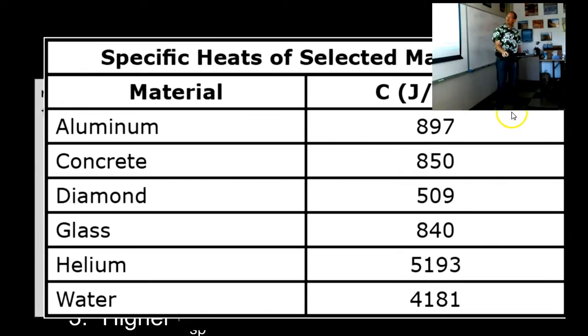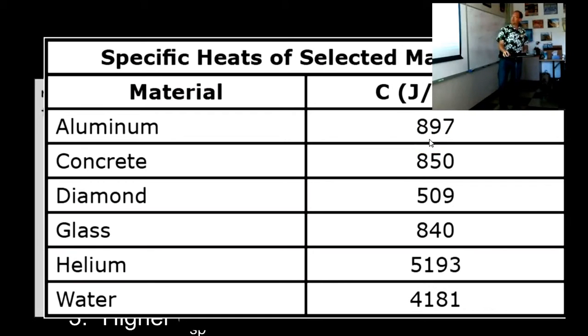And then just so you've seen some of the ways that we express this, the value of C for specific heat is in units of joules per kilogram degree Kelvin. And some of the numbers here, the larger the number, again, the more thermal energy it absorbs before its temperature changes.